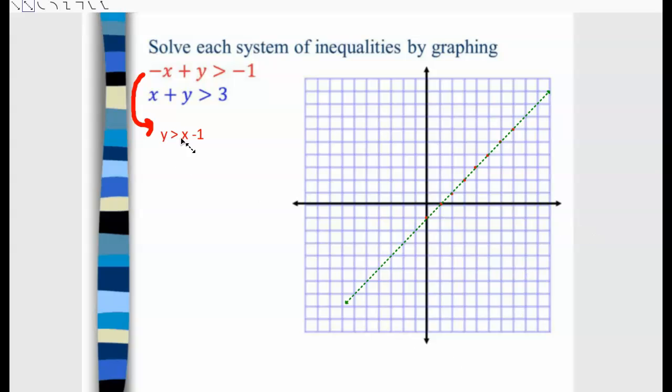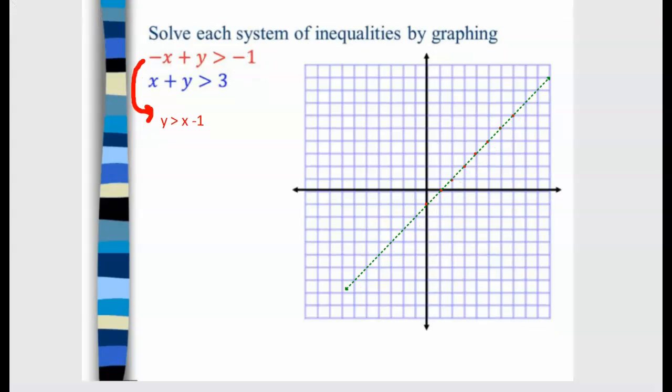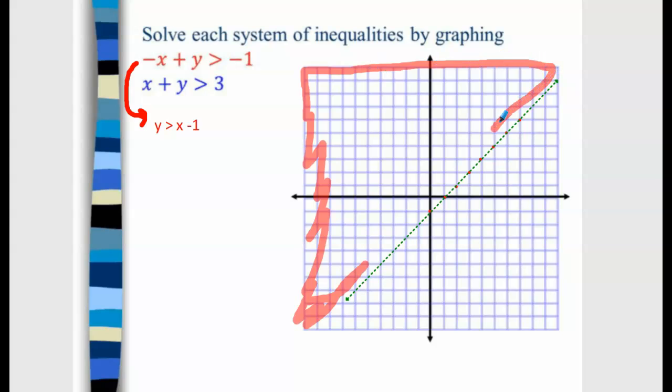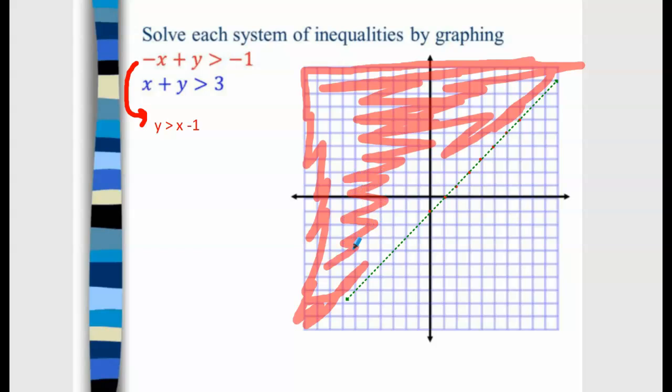And then y is greater than, so we shade above. When you shade your first line of the inequality, especially if you're using pencil, you want to do this line really, really light.